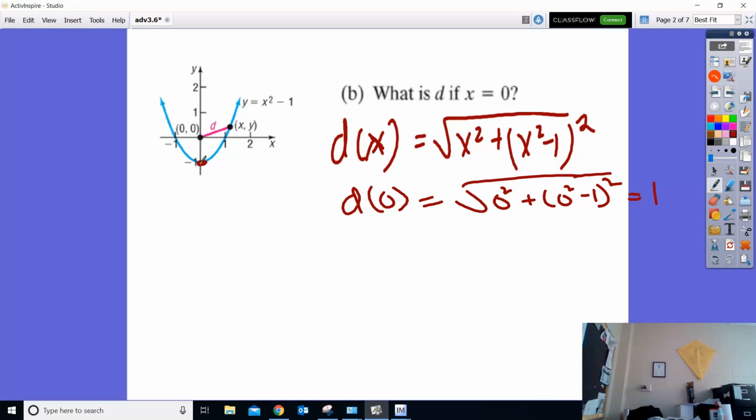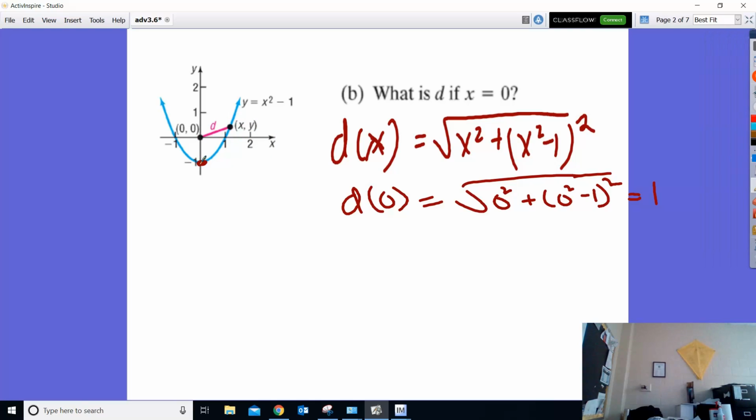If x is 0, you're right there on the parabola, aren't you? The distance, though, happens to be what? To the origin, 1. Why is there no plus or minus? It's distance. There's only a plus or minus symbol when you're actually solving for an unknown. If you have x squared equals 4, the square tells you there's how many answers? 2. That's when plus or minus is used. But distance is a positive constant.